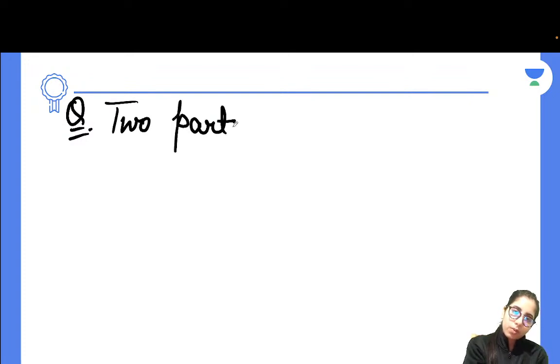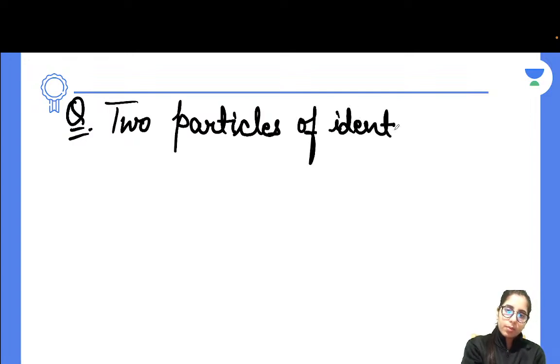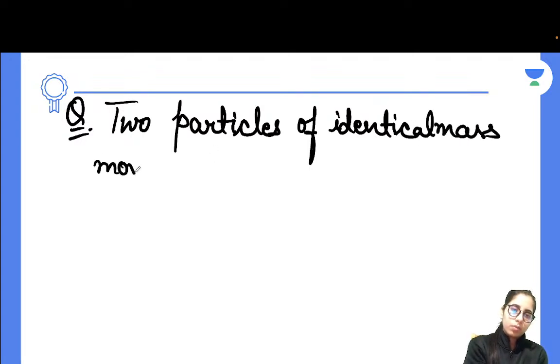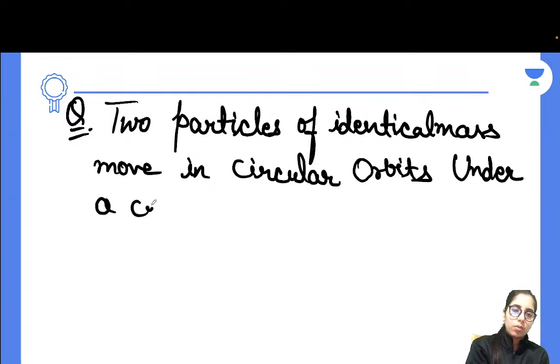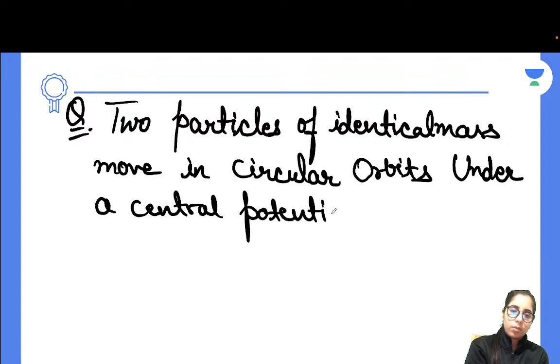Two particles of identical mass move in circular orbits under a central potential V(r) is equal to half kr square.